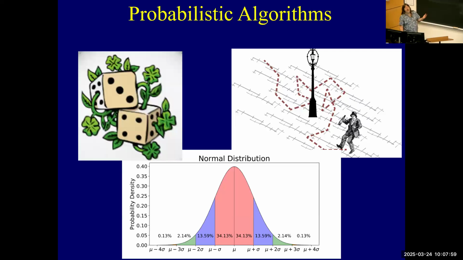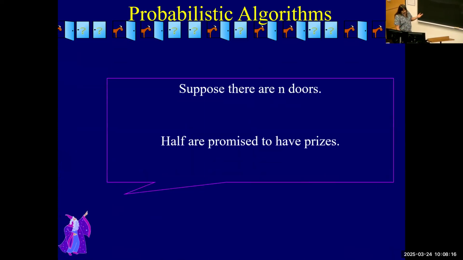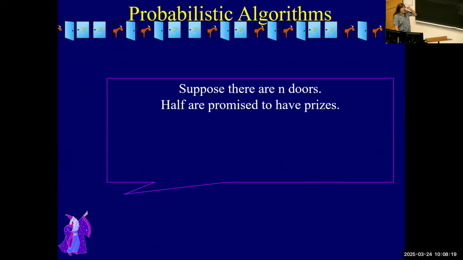So here's another model of computation where we're allowed to flip coins. So here's a simple problem. We have doors that are closed, and what we're doing is it's a promise problem. I'm going to promise that behind half of the doors there's a prize.